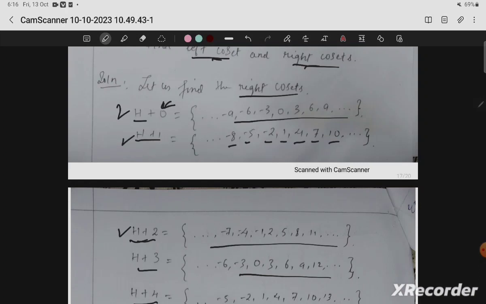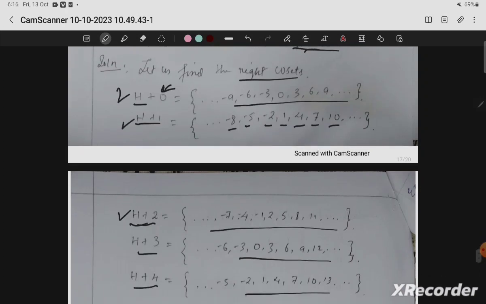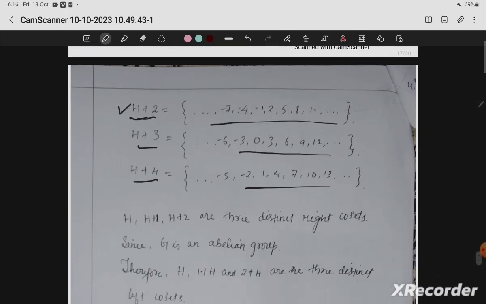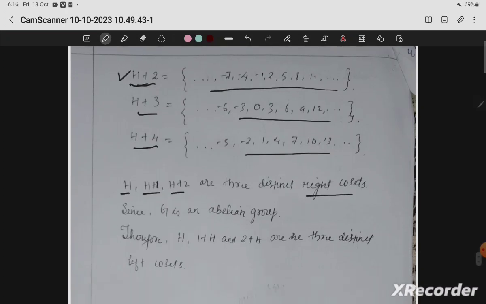These three are distinct. So H, H plus 1, H plus 2 are the distinct right cosets. Similarly, since the left coset and right coset are the same, H, 1 plus H, 2 plus H are three distinct left cosets.